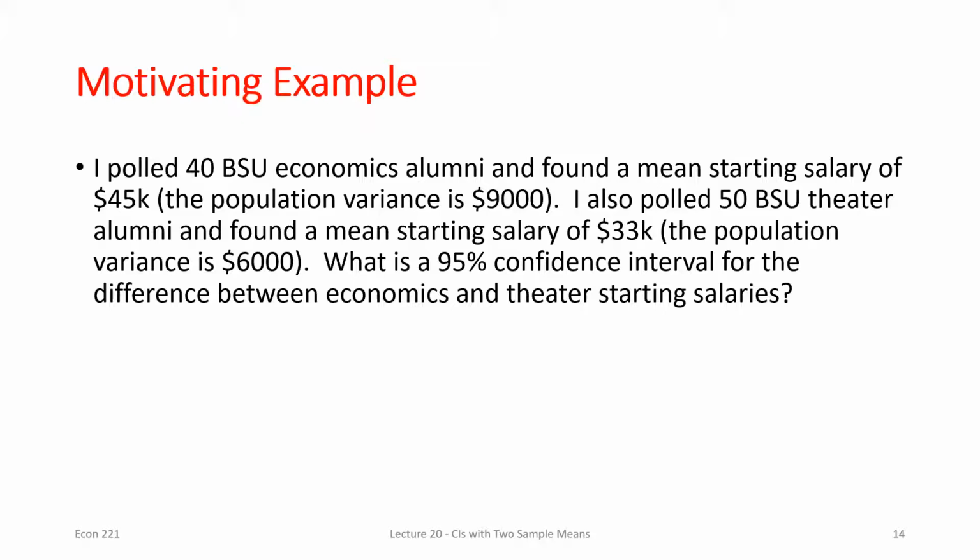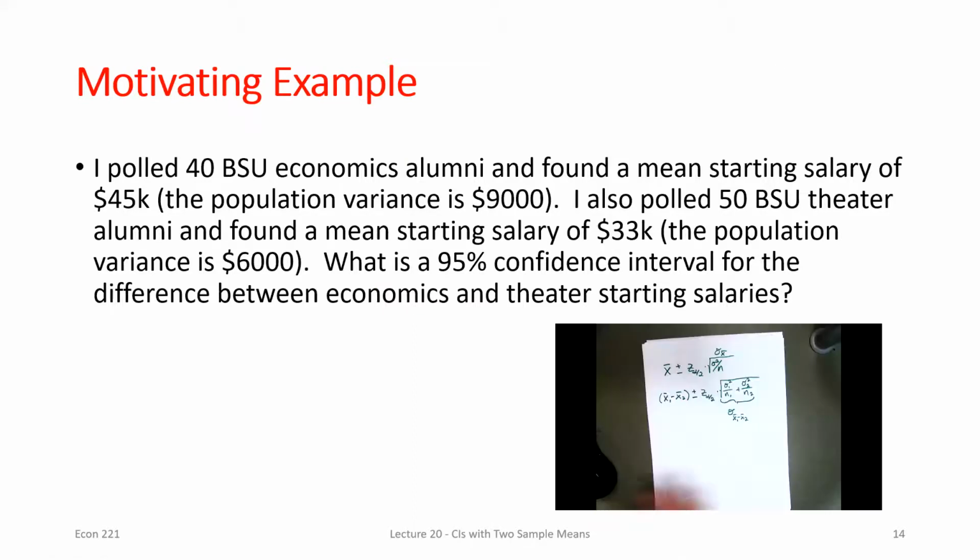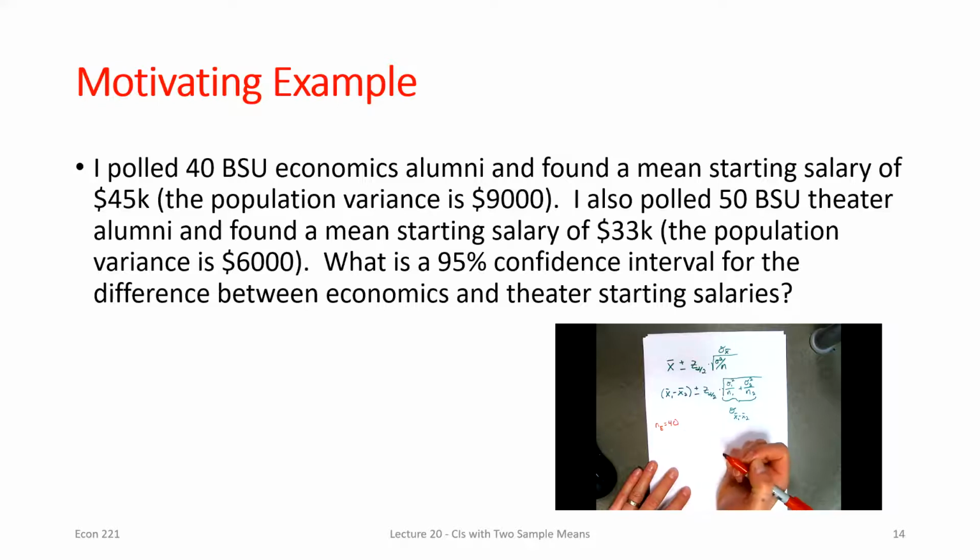Actually, we can keep using the same sheet. I'll make it easy. So let's say I've got 40 econ majors. So here my sample size for econ majors is 40.